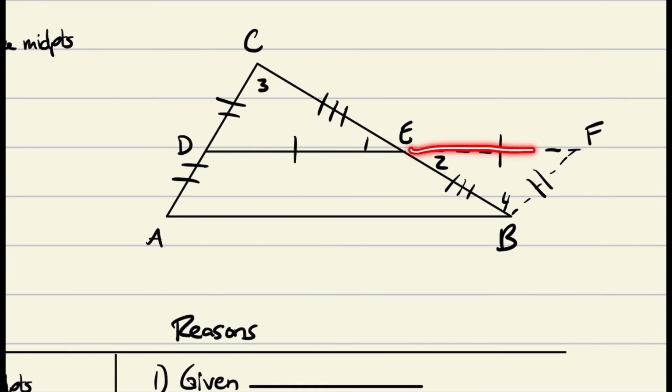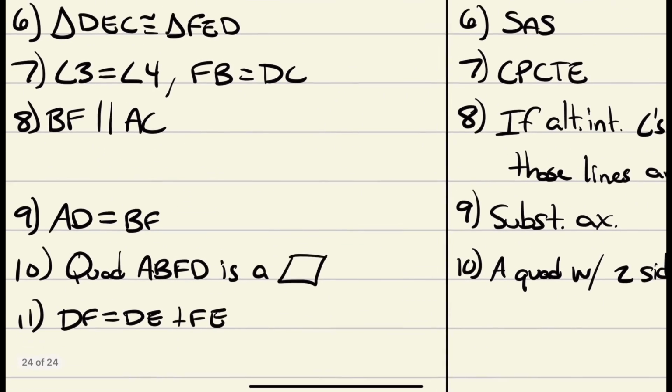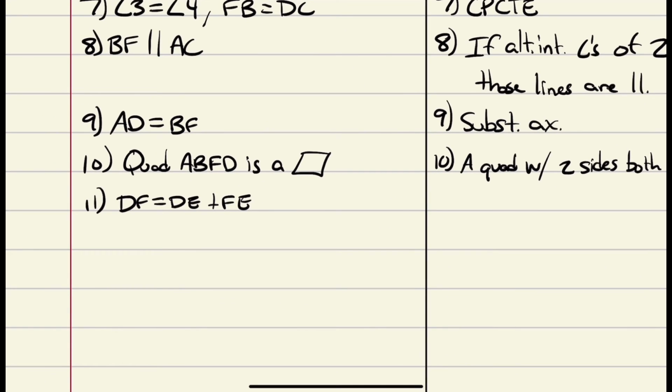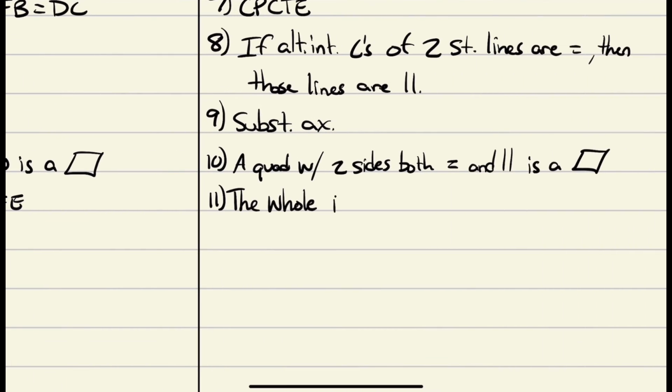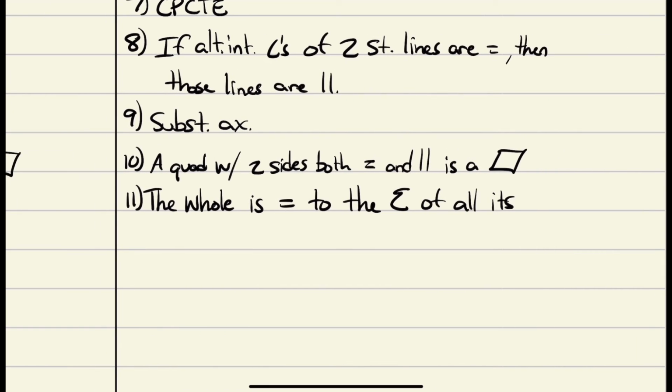DE plus EF will equal DF. There it is, DE plus FE equals DF. And so we can say that number 11, the whole is equal to the sum of all its parts.